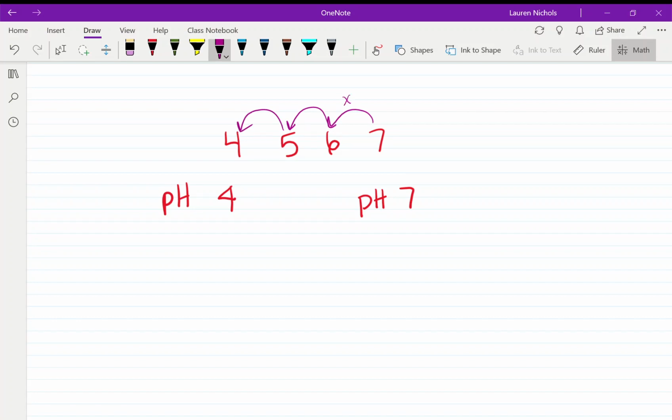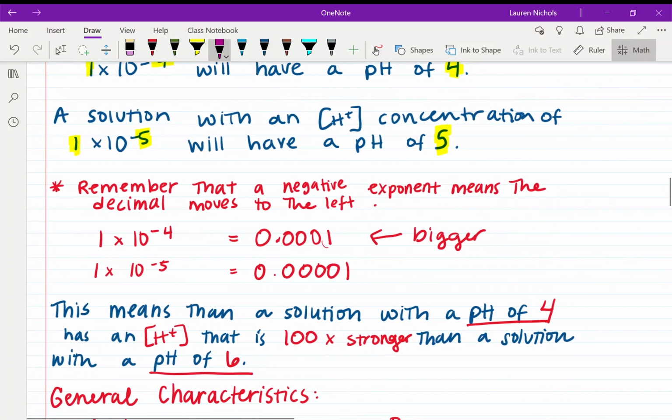So that's a factor of 10, a factor of 10, and a factor of 10. And so we could say that a pH of 4 is 1,000 times stronger than a pH of 7. And that's because every time you change pHs, you're changing by a factor of 10. This is kind of how logarithms work, as a little side note.